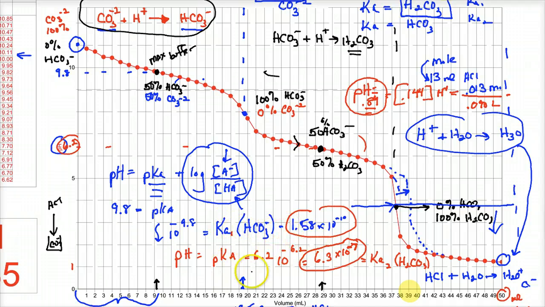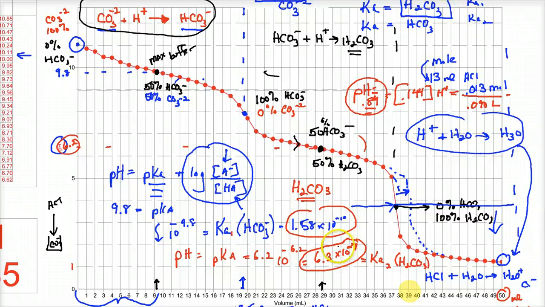So it's a very important point, in a diprotic acid, H2CO3, we really look at the first Ka, or the Ka of the strongest or the largest Ka first. The second one we don't usually consider.